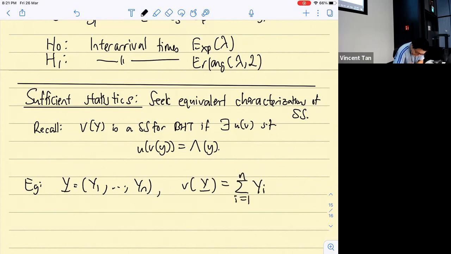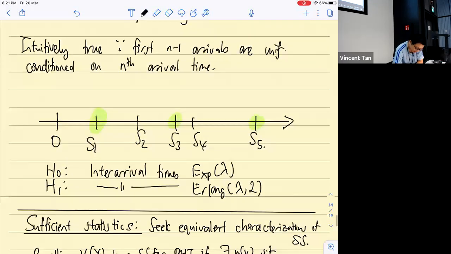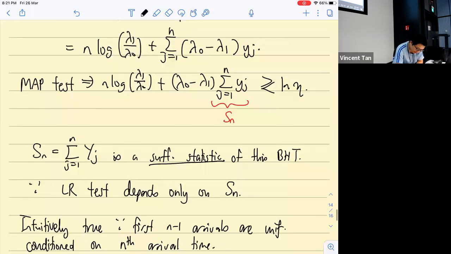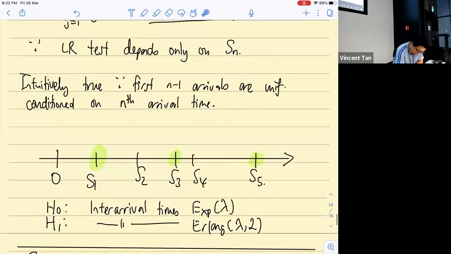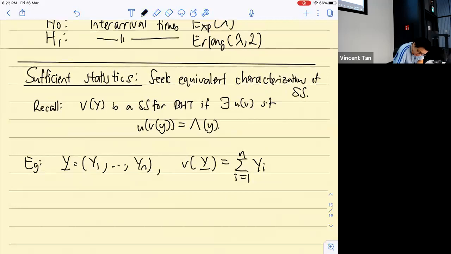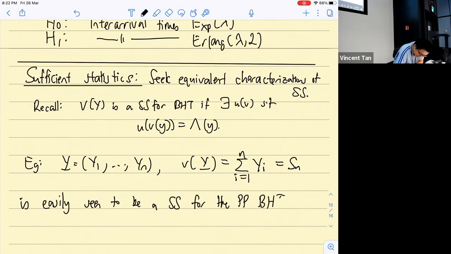Now the question is whether I can get back to lambda of y, and yes, I can, because lambda of y is nothing but this simple function here. Okay, and it only involves this linear function of my sum, my Sn. So in this case, Sn can be easily seen to be a sufficient statistic for the Poisson process binary hypothesis test.